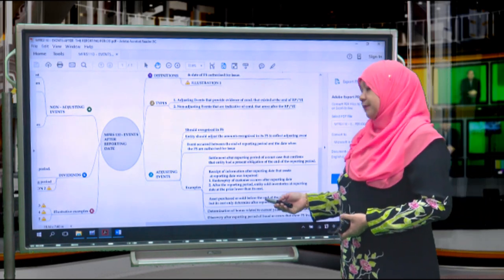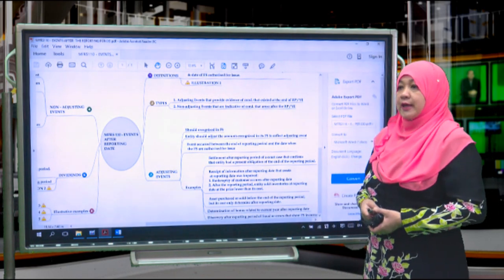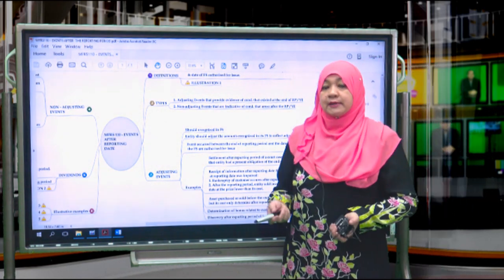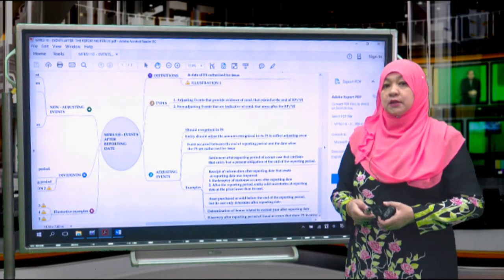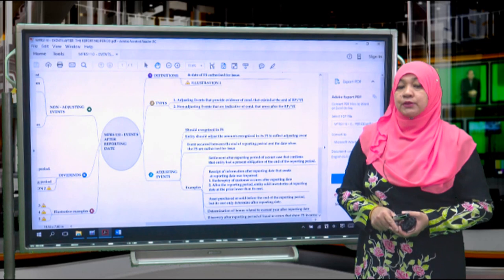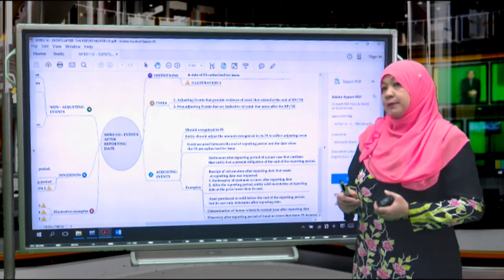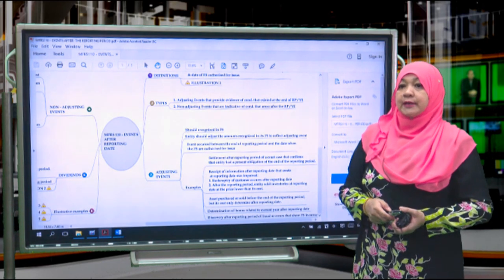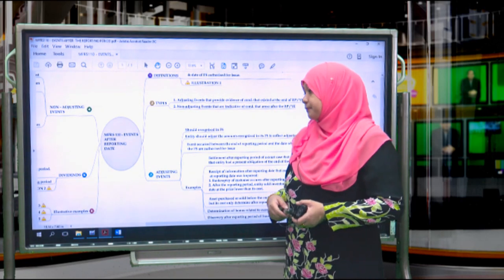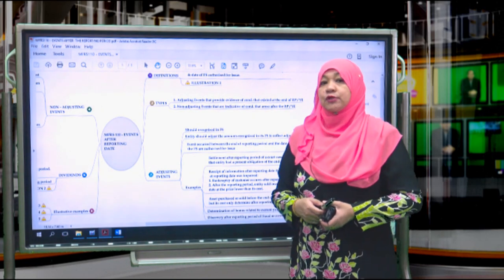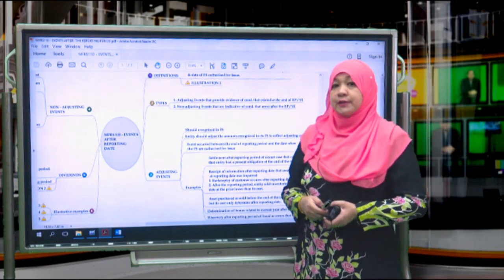Okay. Now another example is an asset purchased or sold before the end of the reporting period, but its cost can only be determined after the reporting date. Let's say that towards the end of the financial year, the company decided to sell an asset to another company, but they have not decided the amount it should be sold for. Probably they couldn't determine it yet because they are still waiting for valuation reports or information needed to determine the value of the asset being disposed.